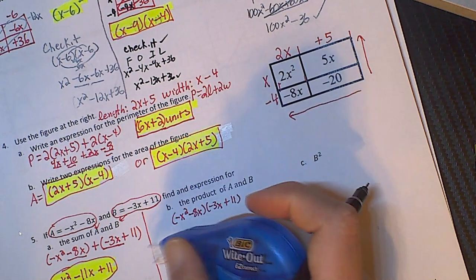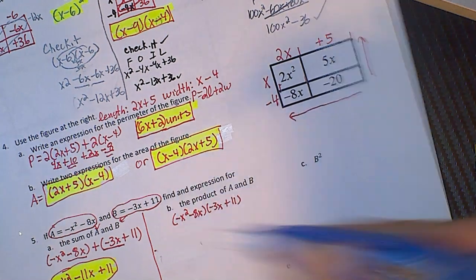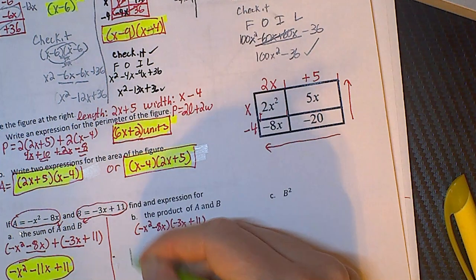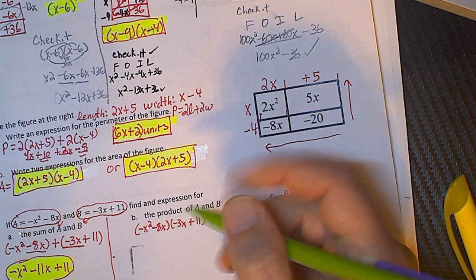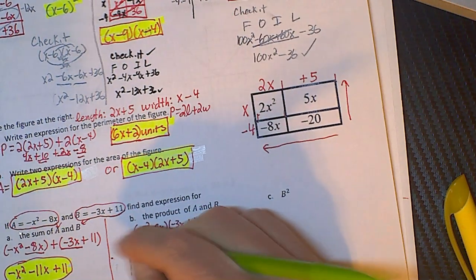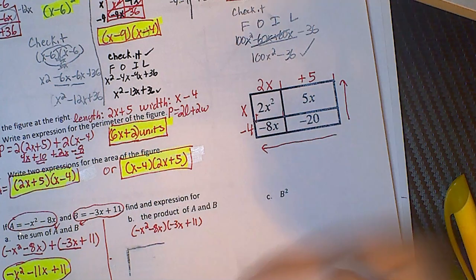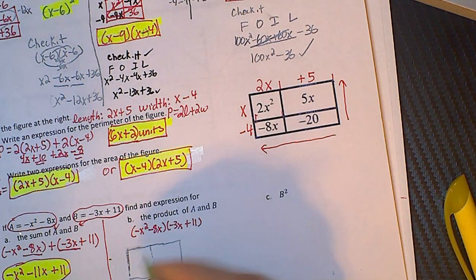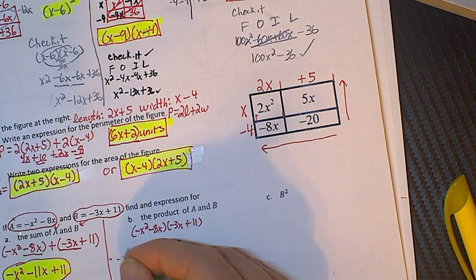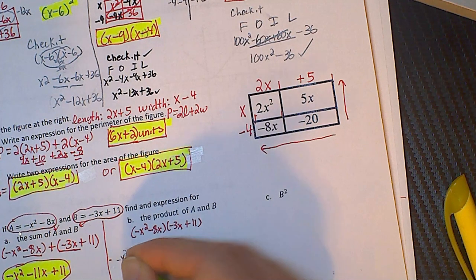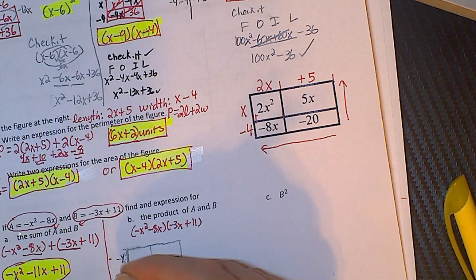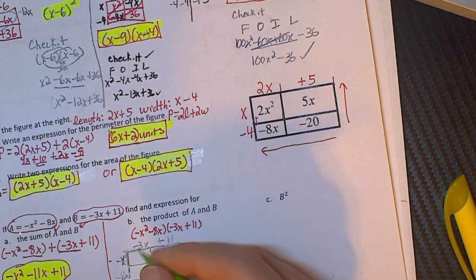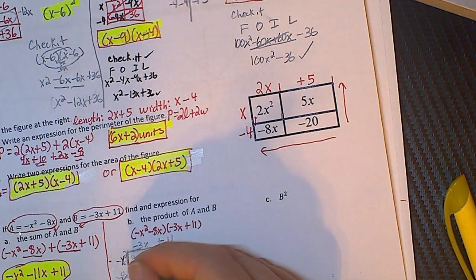I drew it too close to that line. I don't want to ruin a pen, so. So negative x squared minus 8x. So negative times negative, that's a positive. 3x to the third.